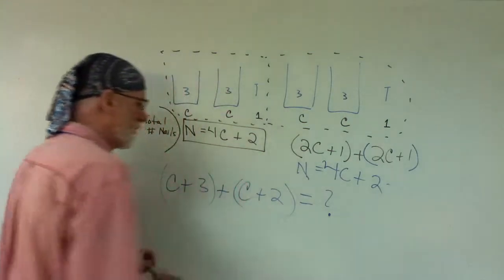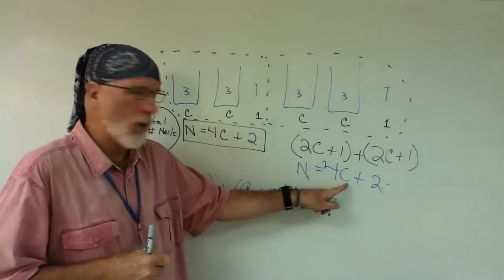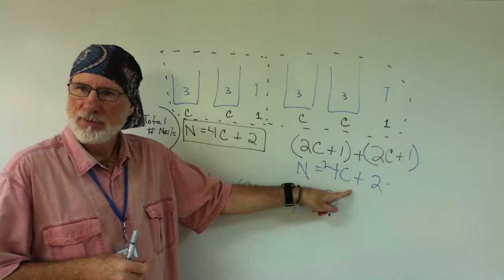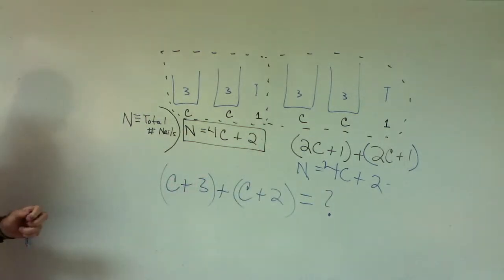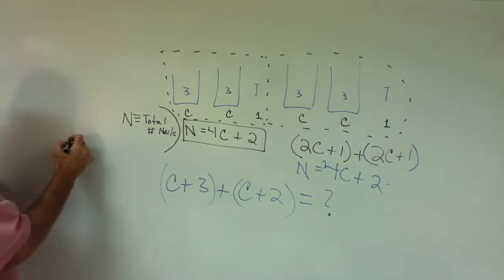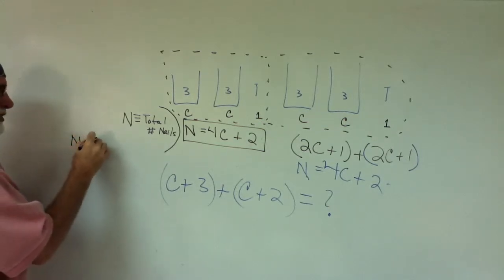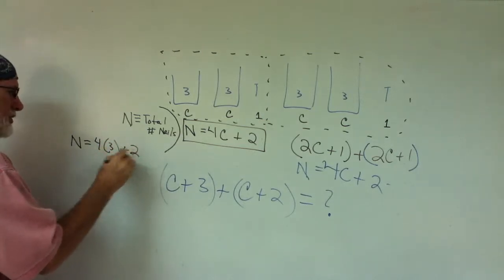Okay, now, before we go on to the next one, what does C equal? 3. It equals 3. Good. Who said that? Did you say that, Mayan? Excellent. So you have N equals 4 times 3 plus 2.